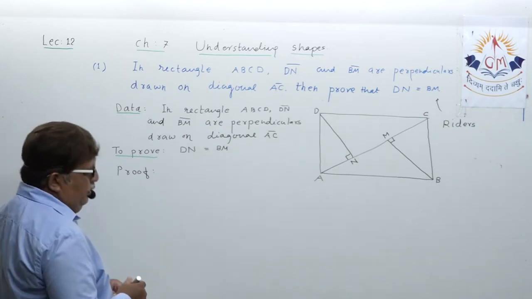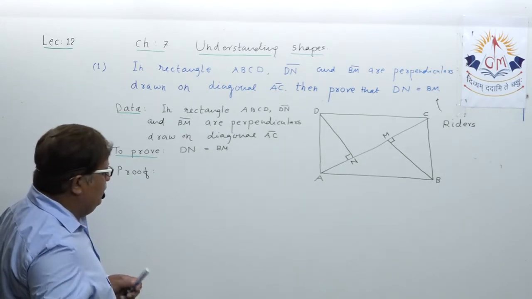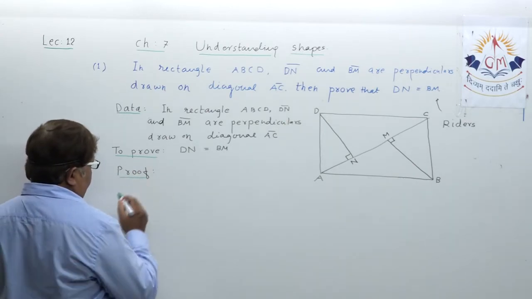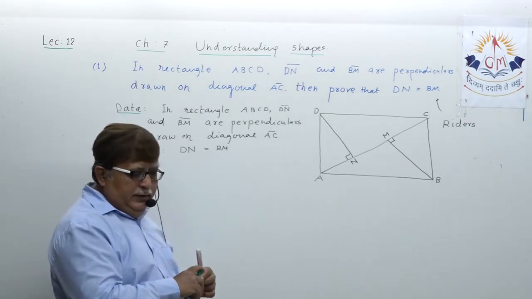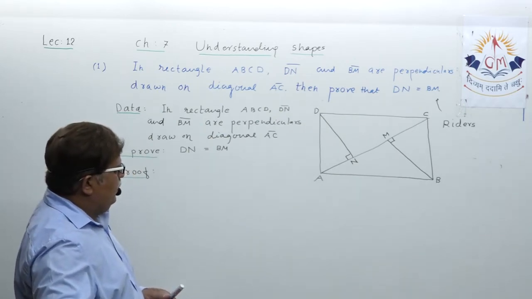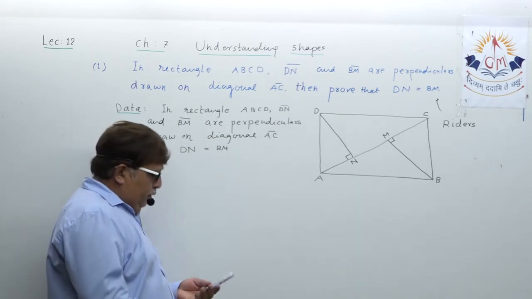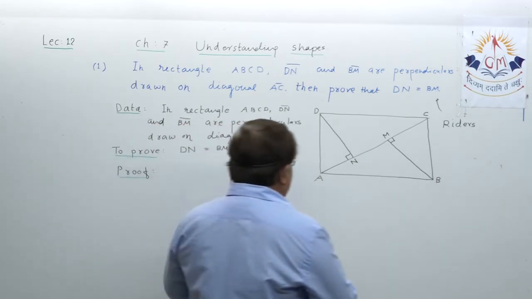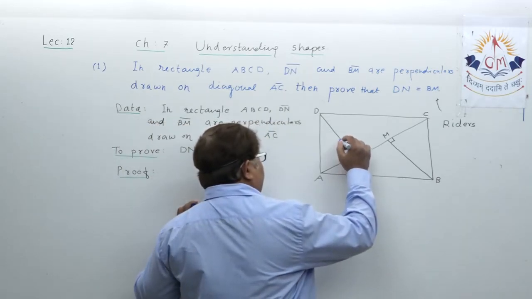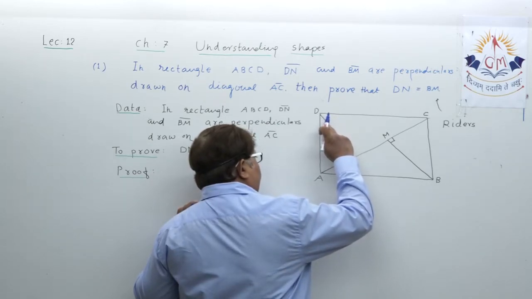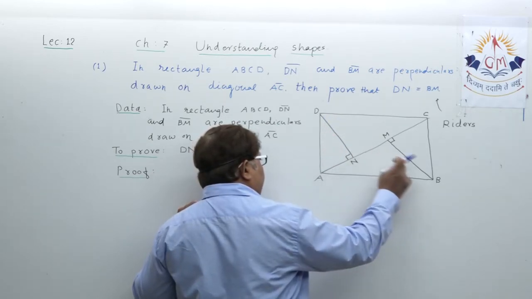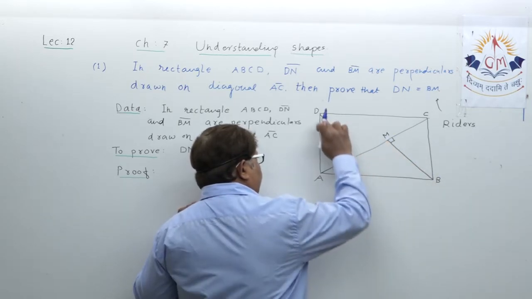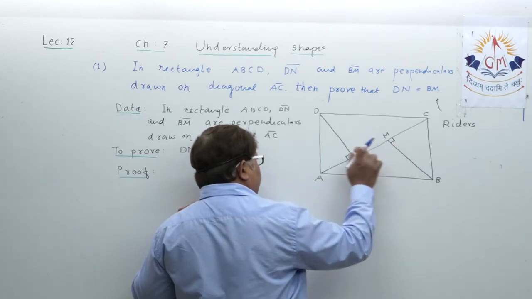One of the very important things is that conceptually, once you see the diagram, you have to decide what to prove congruent. So this is your target. You want to prove DN and BM congruent.